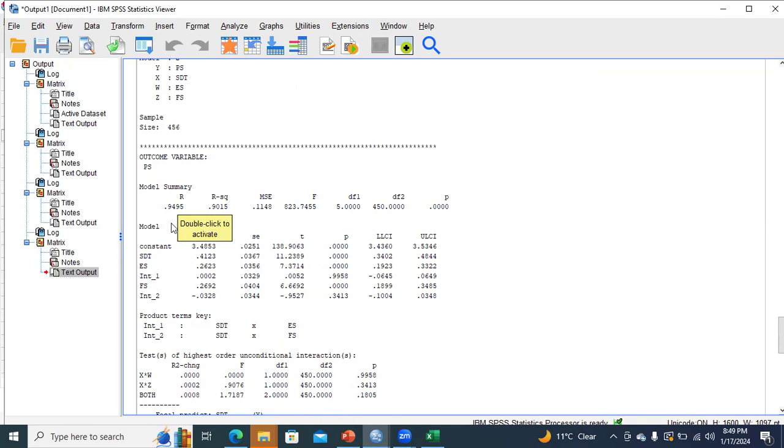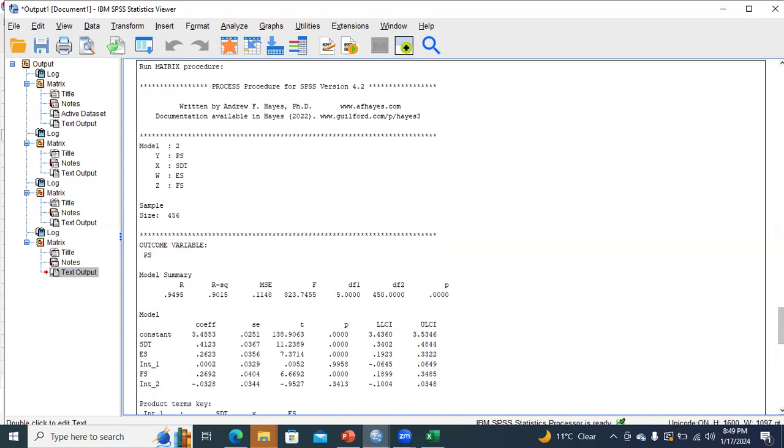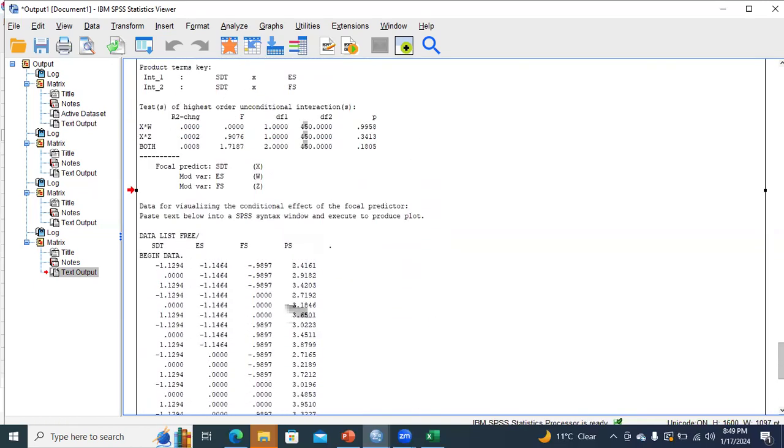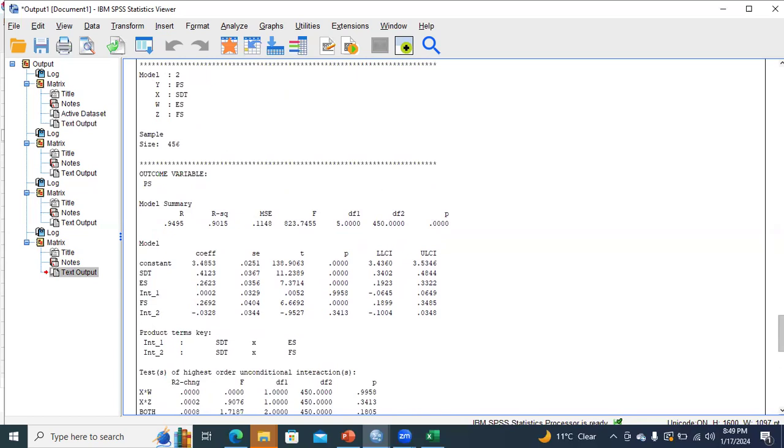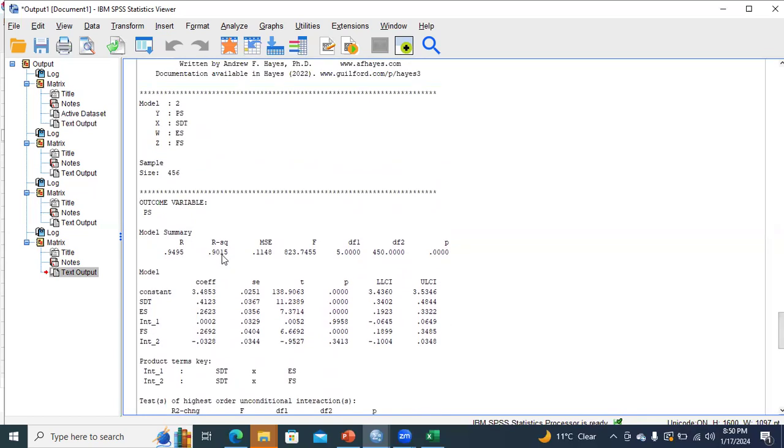Then there is R square, which indicates how much your dependent variable is explained by the variation of your independent variables. So we can conclude that project success is more than 90% explained by the variation in SDT, ES, FS, and both interaction terms. This is how R square is interpreted.